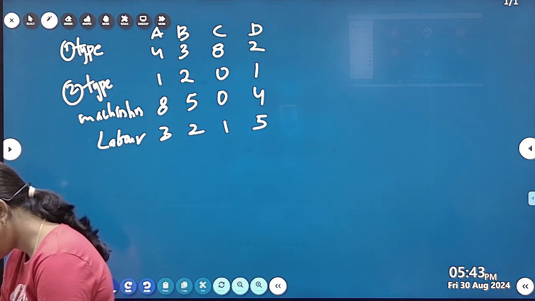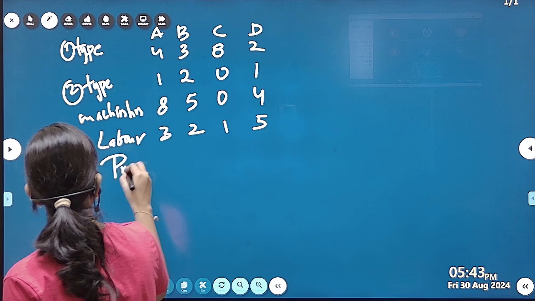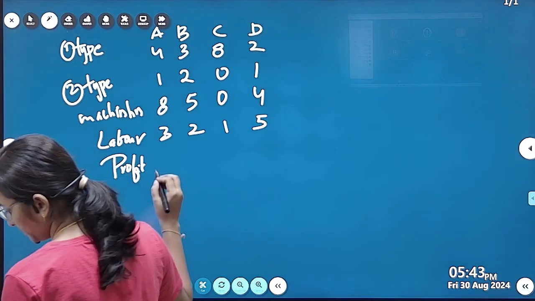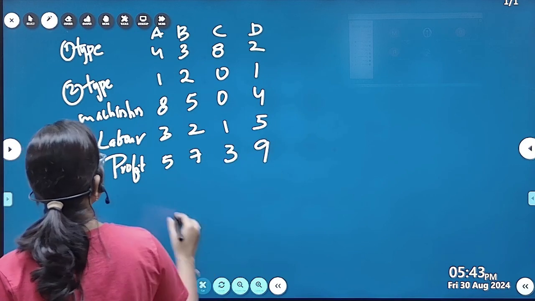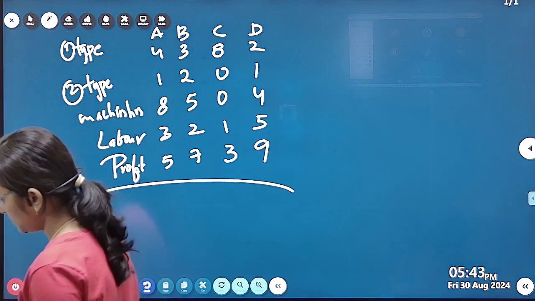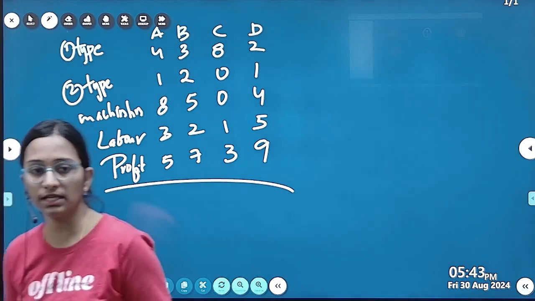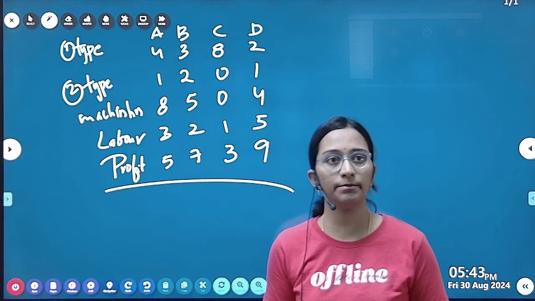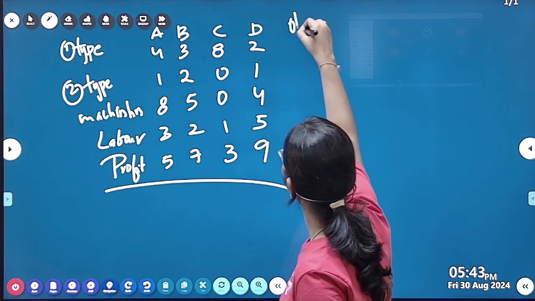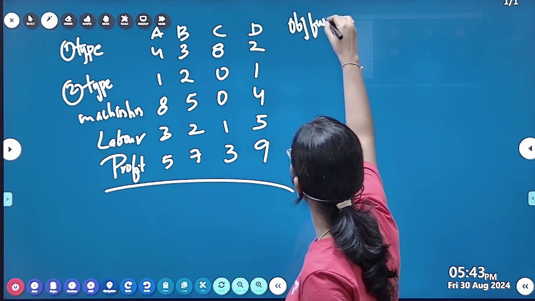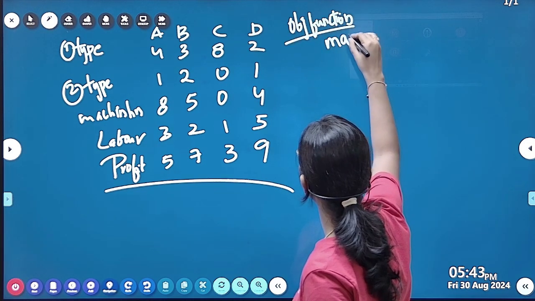Next, what do we have missing? Profit. The profit is 5, 7, 3, 9. So this is what the question is telling us. What do we need to maximize? What will be the objective function? Maximization or minimization?